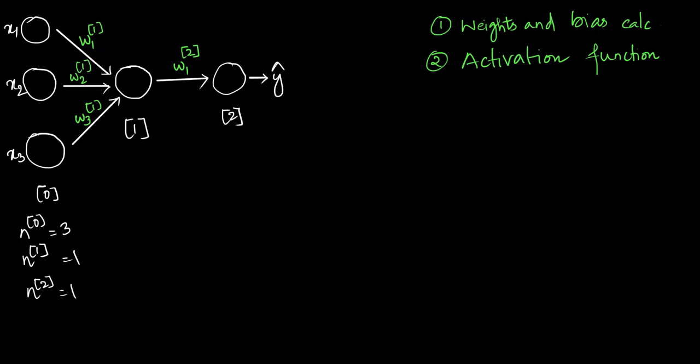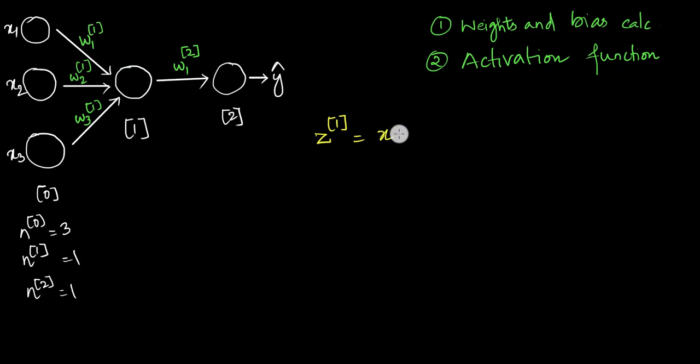So that calculation will be made now. We'll see what calculation it is, and we'll denote it as z. So this is z of the first layer, because we are calculating for this neuron which is in the first layer. I'm writing z, and in the superscript I'm writing 1, because this corresponds to the first layer, equals, let us concentrate on the first one, x1, and it is going to be multiplied with W1.